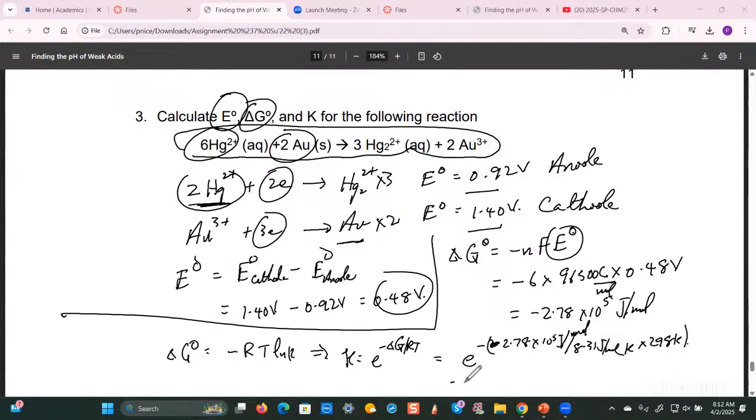And when I did this calculation, I got e to the 112. And I made a mistake on this paper right here. So let me do this here. So I have to calculate what e to the 112 is.